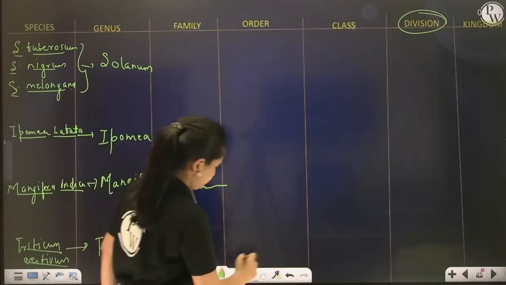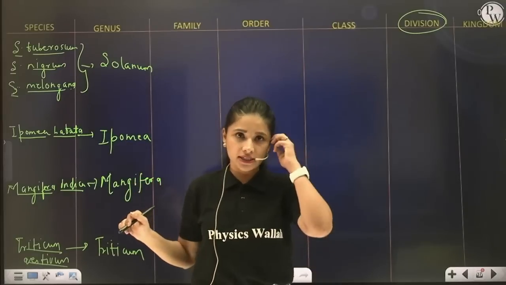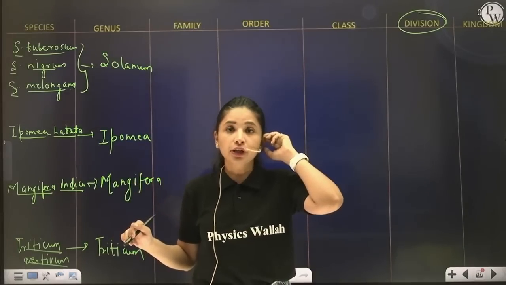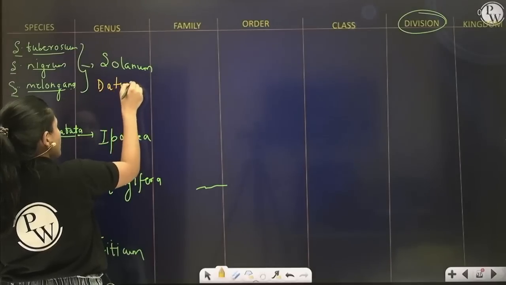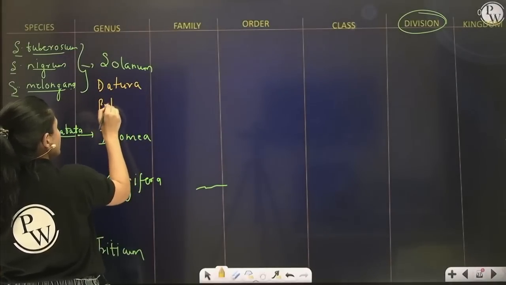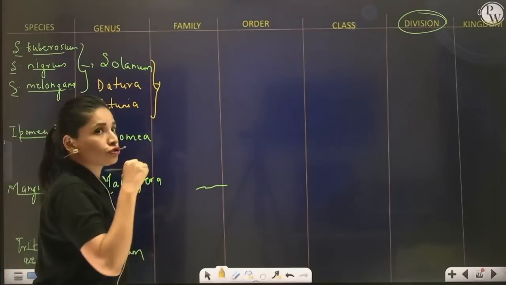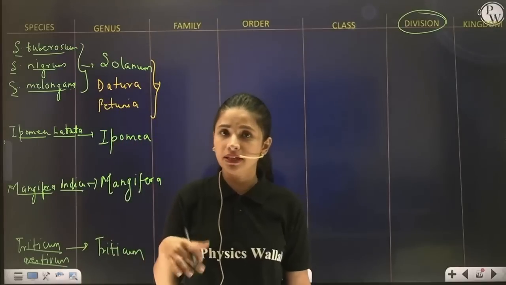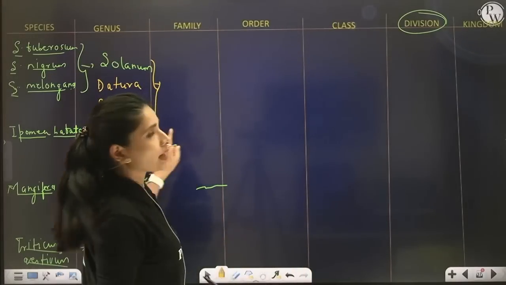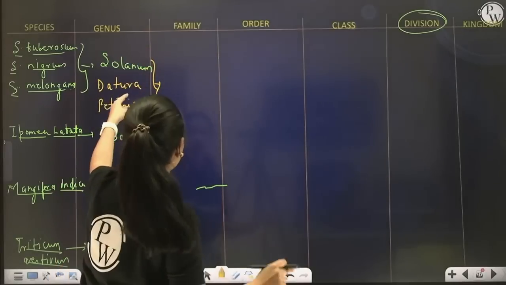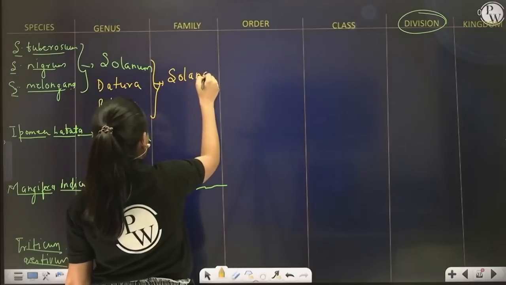Yes or no? Yes. Now, there is one different genus in Solanaceae itself, Datura or Petunia. Now, there are 3 different genera, Solanum, Datura and Petunia. But these 3 different genera all belong to the same family, Solanaceae, on the basis of their similar vegetative and reproductive features. So on the basis of similar reproductive and vegetative features, the 3 different genera belong to the same family, Solanaceae.